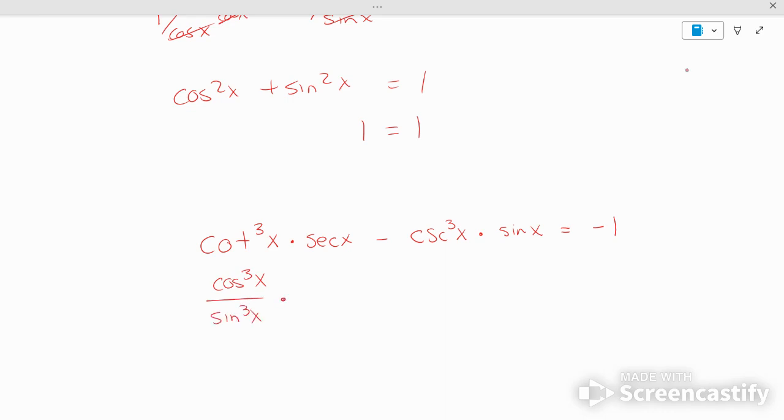What's secant? Cosine of x minus, ooh, I screwed this one up bad. It is not equal to -1. This is just a bad problem.